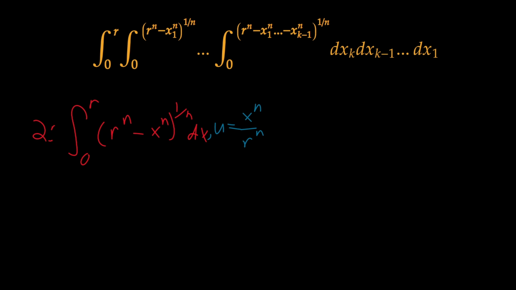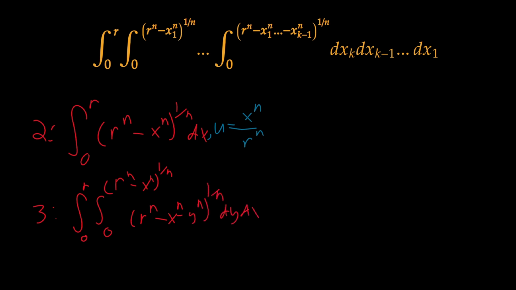But for the 3-dimensional one, it was a little bit trickier, right? What we said is, for the 3-dimensional one, we have 0 to r, and then 0 to (r^n minus x^n) to the 1 over n, and we had (r^n minus x^n minus y^n) to the 1 over n dy dx.